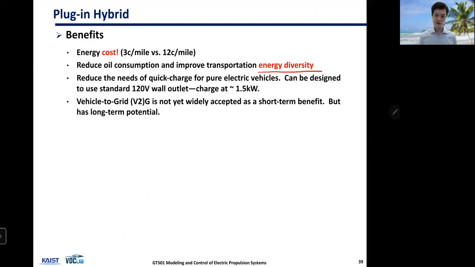You don't need to feel the range anxiety that comes from relying purely on electricity, because battery electric vehicles tend to have limited range and take time to recharge, and sometimes you may not be able to find charging stations. That's where plug-in hybrid shines.